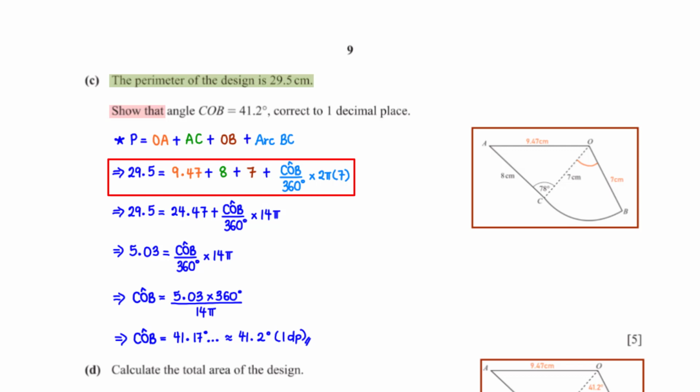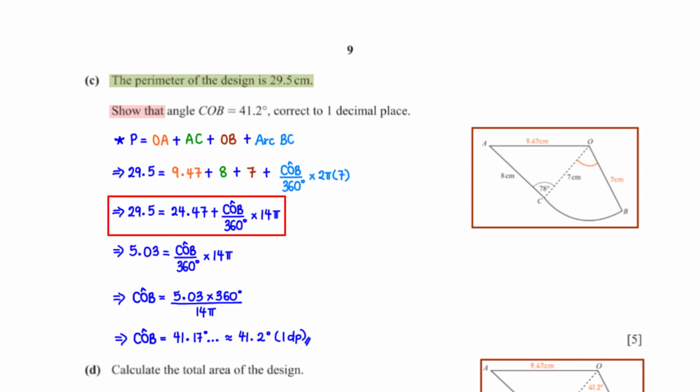The length of arc BC is theta over 360 degrees times 2 pi r, where r is 7 centimeters and theta is angle COB, which is what we are finding. 9.47 plus 8 plus 7 is 24.47. 2 pi times 7 is 14 pi.